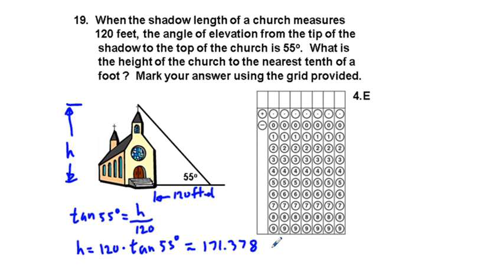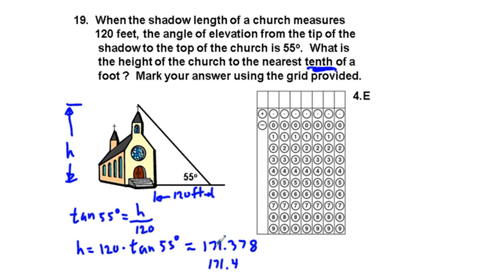Okay. Here's where some people missed it. It says to the nearest tenth of a foot. What is the nearest tenth of a foot? Well, it's going to be 171 point, the next one after that. So this one's going to round to 4. So if you put down 171.3, which I saw some people do, or even 171, those answers would be wrong.